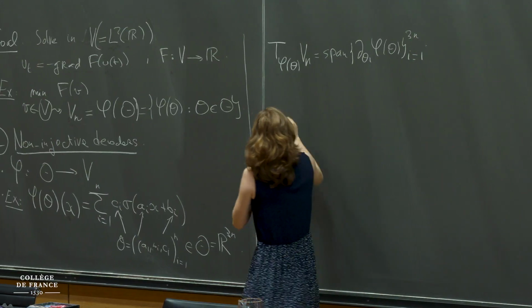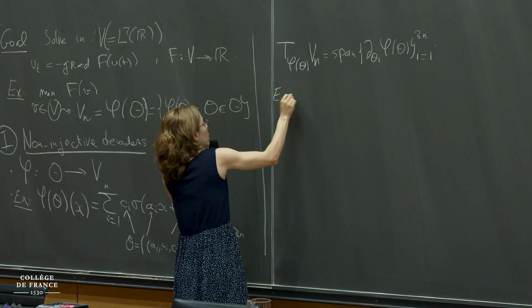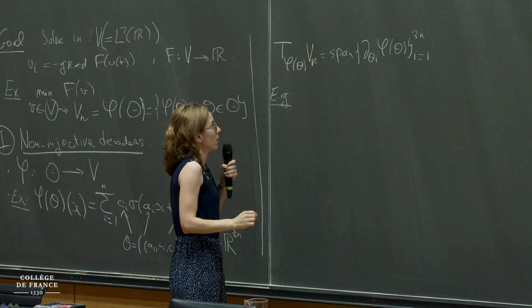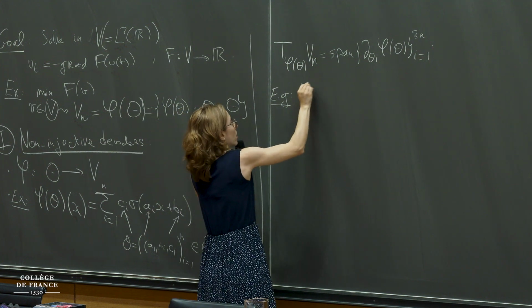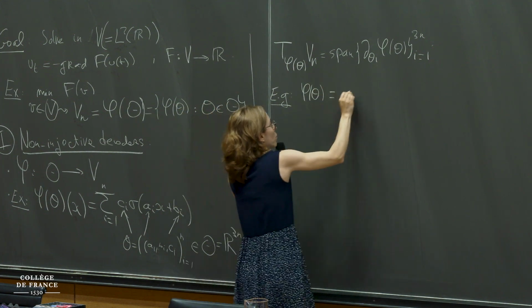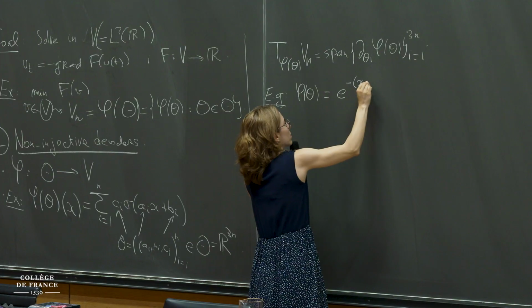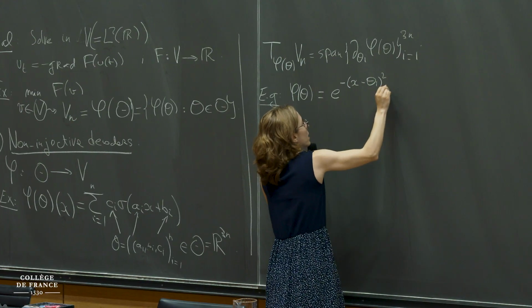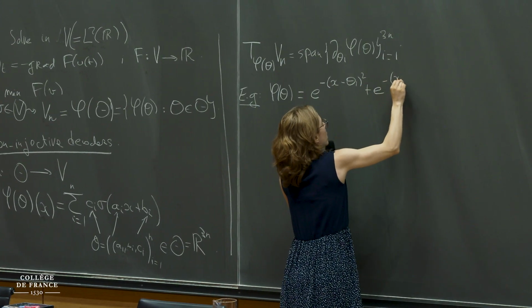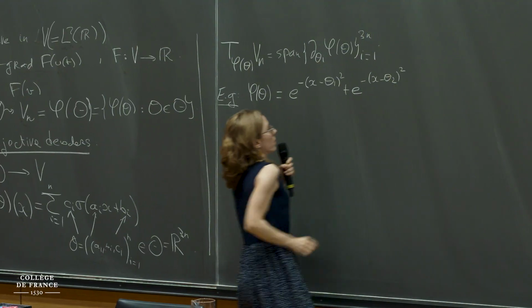And so what happens? Suppose, here's the gig, suppose that phi of theta is of this form: exponential of minus (x minus theta 1) squared plus exponential of minus (x minus theta 2) squared.